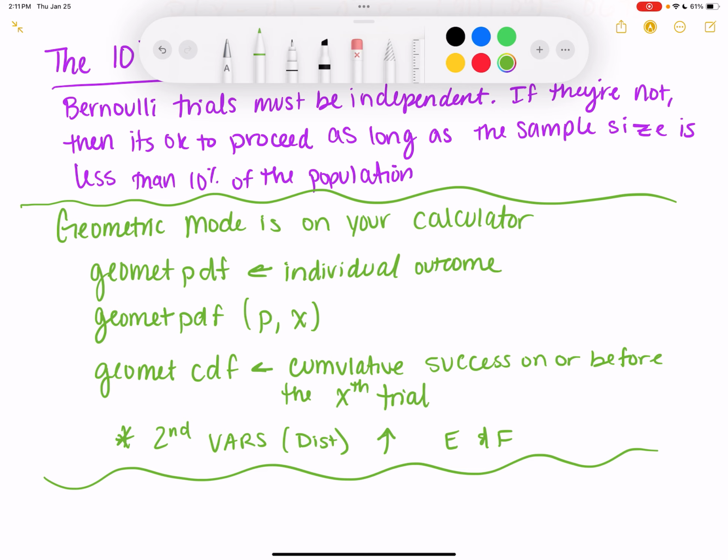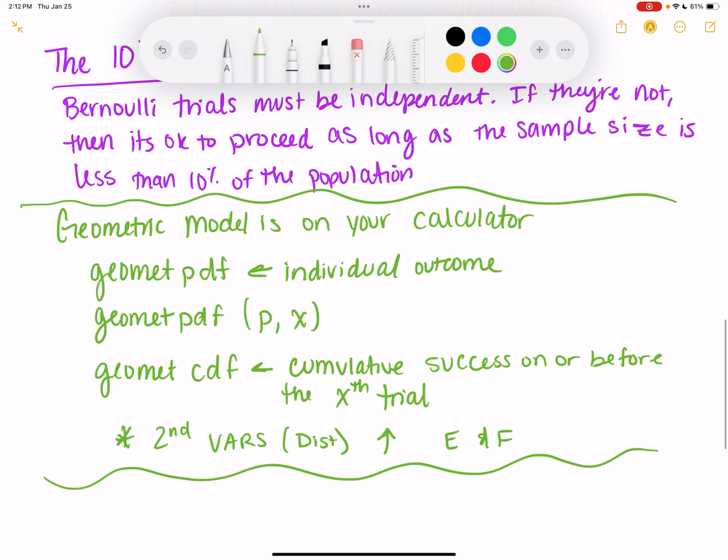So we're getting geometric with two different options. We have PDF and CDF. This is supposed to say model. I don't know why it said mode. The other option is binomial model. So I'll talk about that on the calculator in a minute.